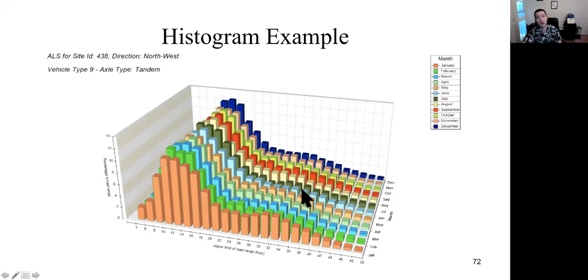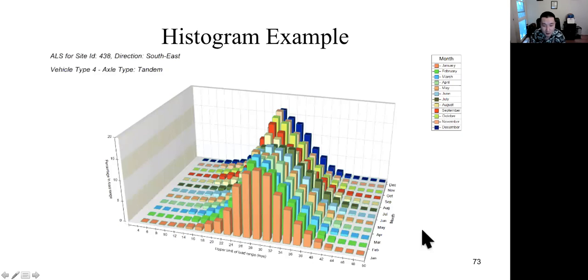So we can plot a histogram for 3D samples, which means we have 3 variables. Here's another one. This is the upper limit of load range for this axle. This is time in months, and this is the emission, I believe.